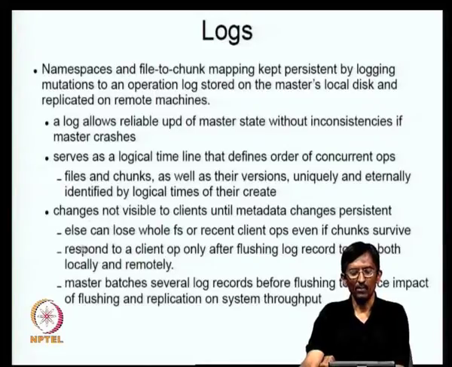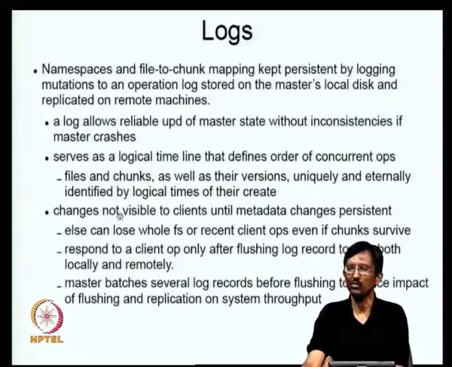One important thing is that if data becomes visible to clients before the metadata becomes persistent, then if there is a crash or whatever, you are essentially going backwards in time. You can lose some operations, even if the chunks are fine.